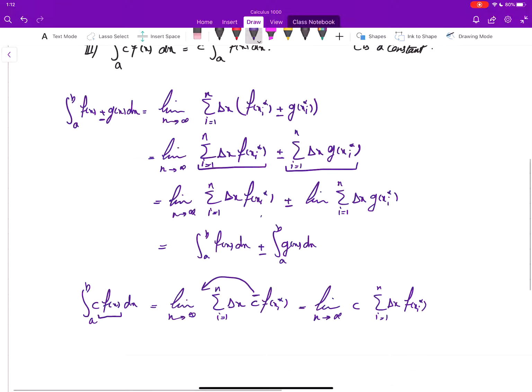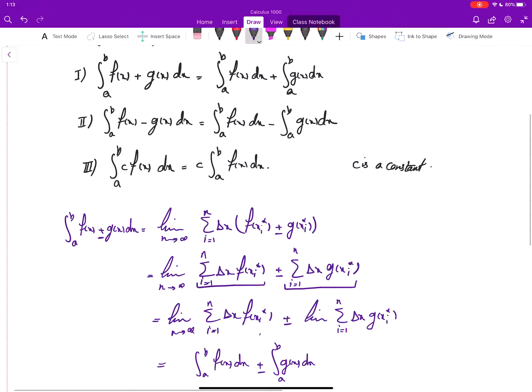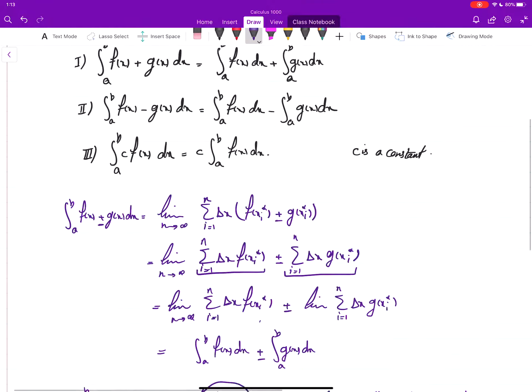And since this is a limit, you remember what we call the constant multiple law, so this will give you c times the limit, but that limit is nothing but the integral of the function dx. So these three properties are called the linearity of the integral. The integral is linear with respect to its integrand.